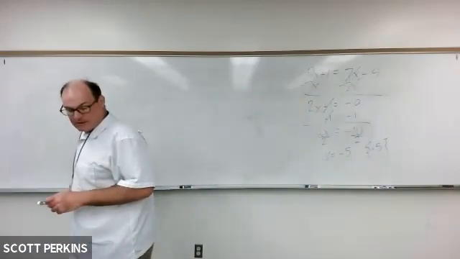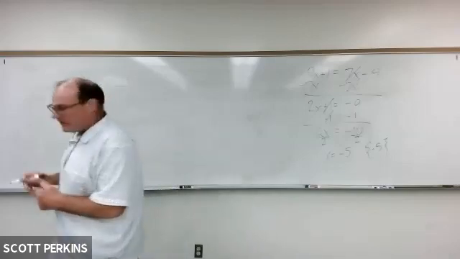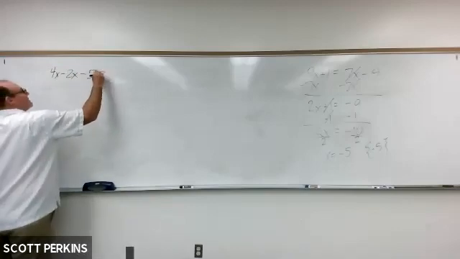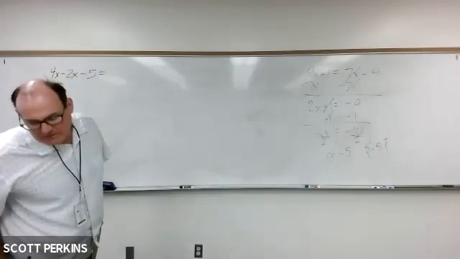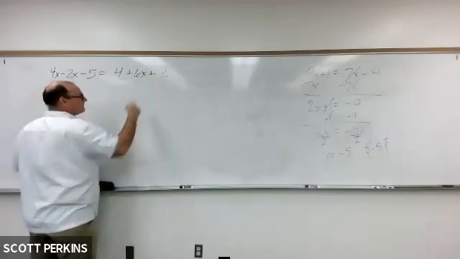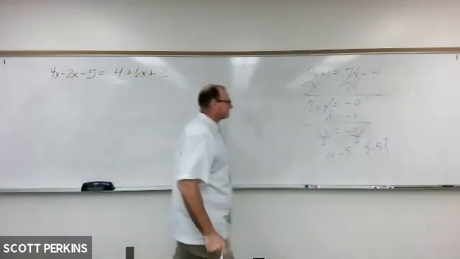Let's try this problem right here. 4x minus 2x minus 5 on one side, and on the other side, we've got 4 plus 6x plus 3. I'll give you a moment to write that down.